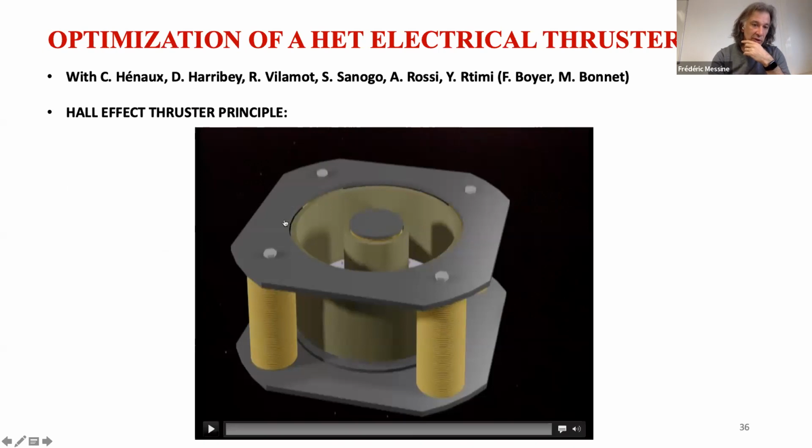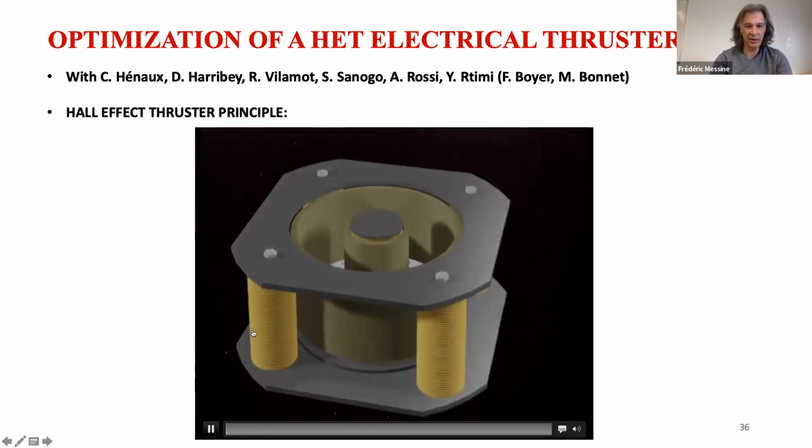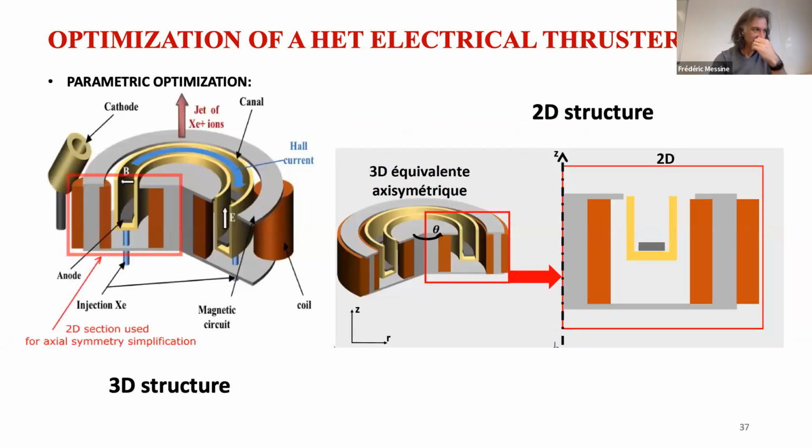So the Hall effect thruster is to design, in fact, the magnetic circuit over there. You have coils and ferromagnetic parts, iron parts over there, and we want to design a bit those iron parts. I don't have the time to explain exactly how it works, that pushes ions over that. That's interesting, but I think I have to focus on topology optimization, sorry. So the thruster will have some propulsion of ions like this.